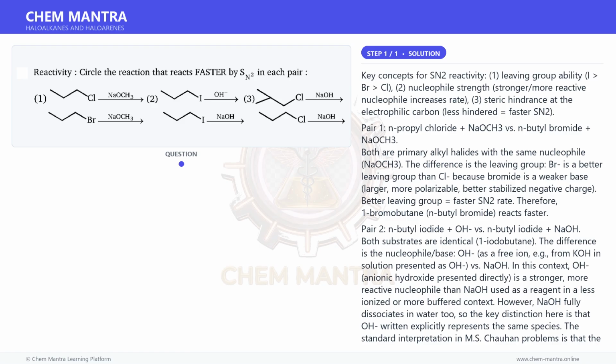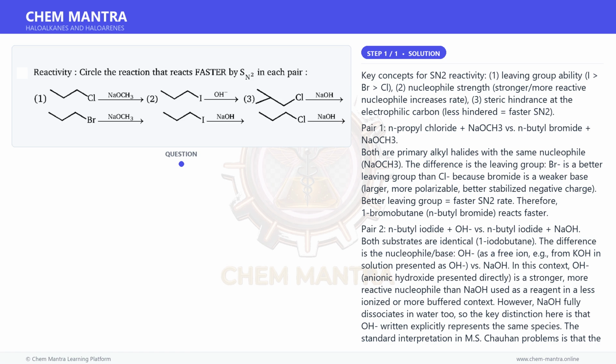Pair 3, neopentyl chloride, (CH3)3CCH2Cl, plus NaOH versus n-butyl chloride, 1-chlorobutane, plus NaOH. Same nucleophile and same leaving group. The difference is steric hindrance.